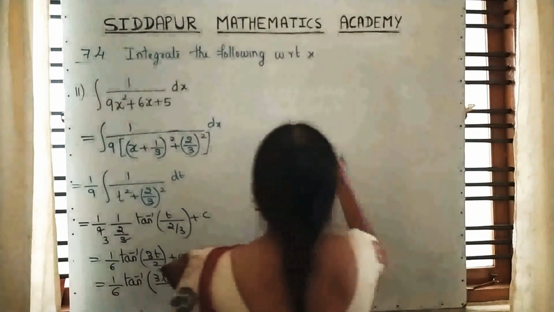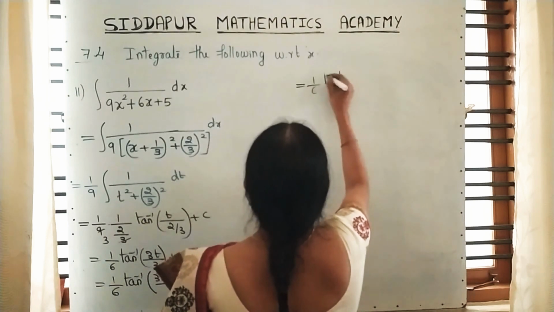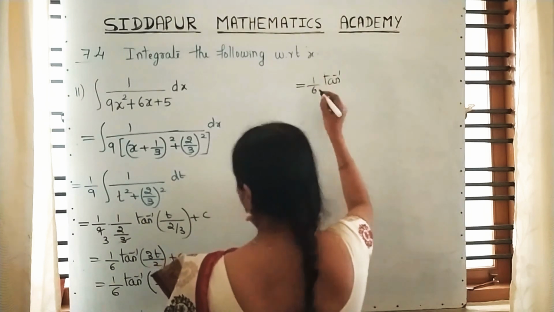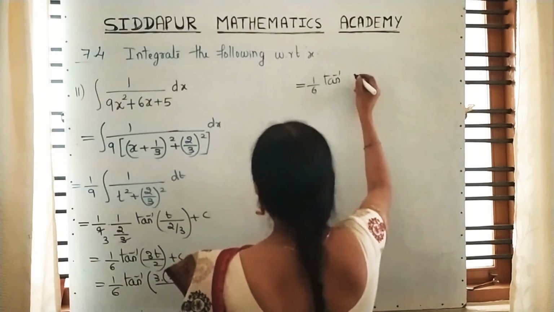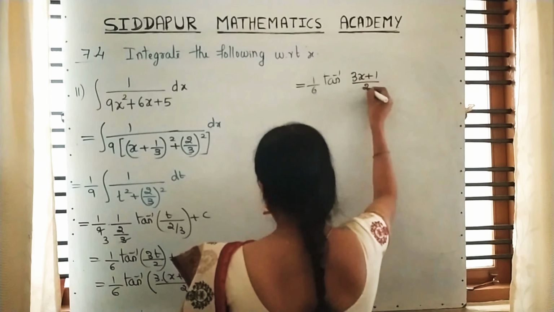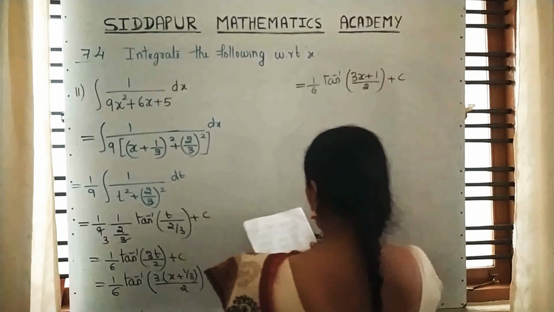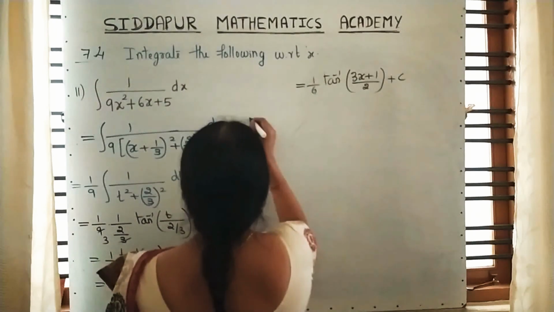It is 1 by 6 tan inverse of, take the LCM, it is 3x plus 1 divided by 2, plus c. That is the 11th question. Moving to the 12th question.